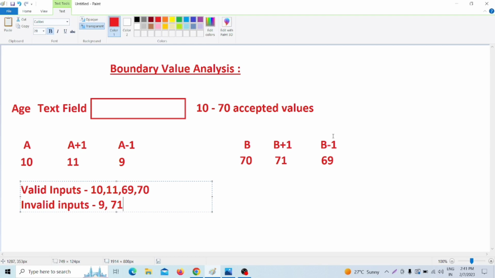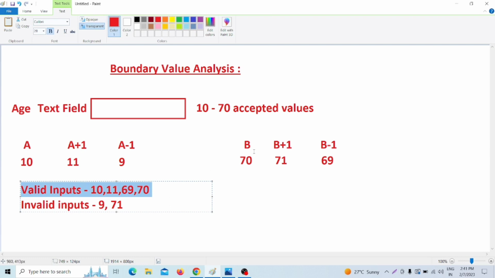Because in these 6 values, 2 values are invalid inputs. That means it's an invalid test case, or a negative test case, and these 4 values are the valid inputs. That means it's a positive test case. So we are covering both positive and negative test cases. So we can say that we are following 100% test case coverage here.